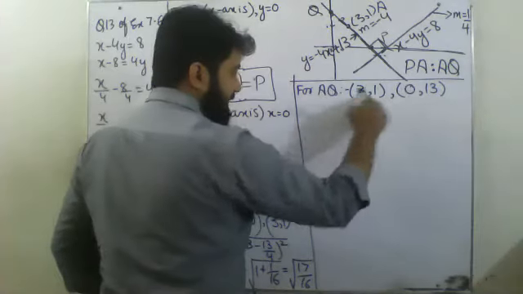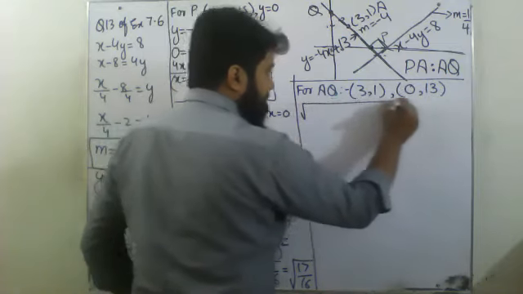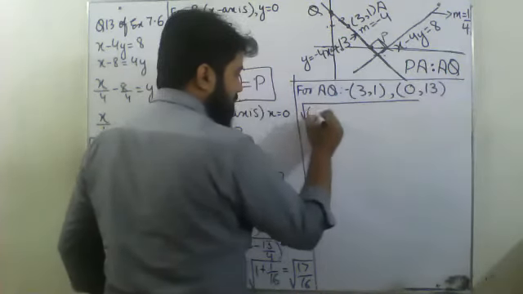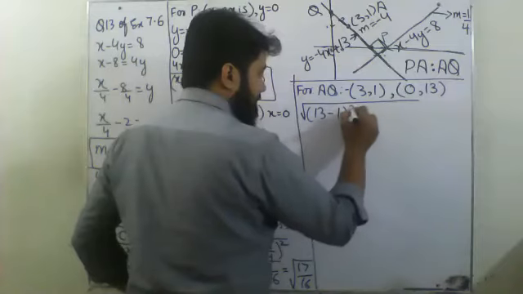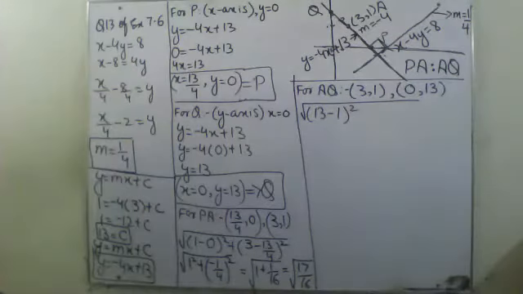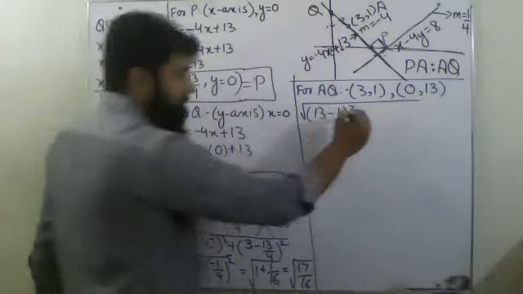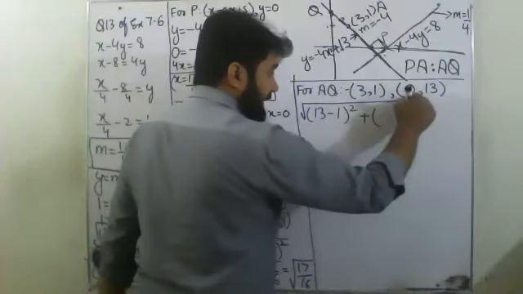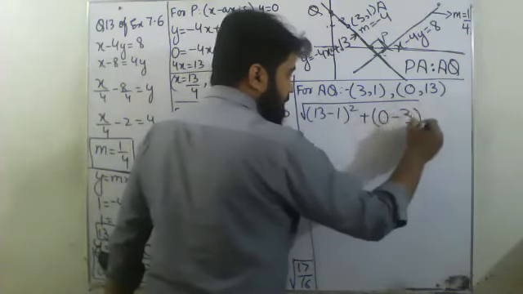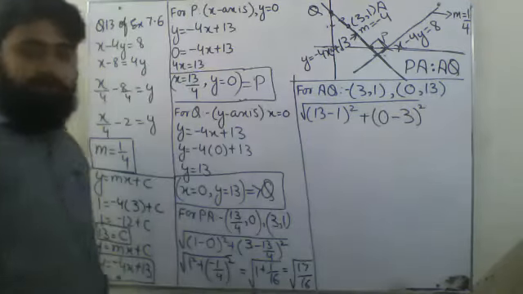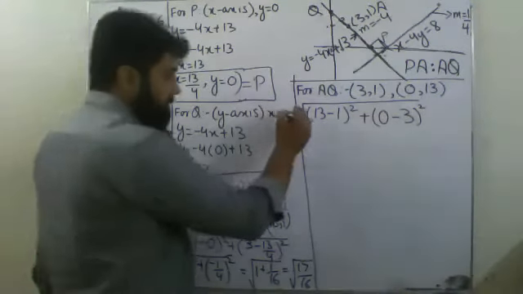So simplifying them in the distance formula, y2 minus y1 whole square plus x2 minus x1 whole square.